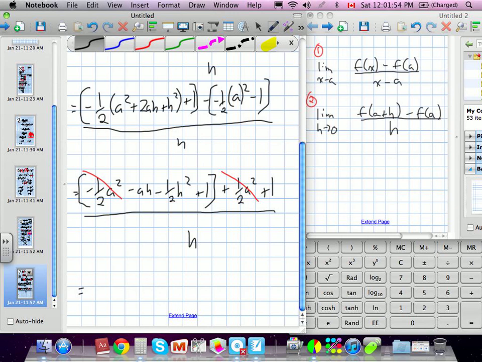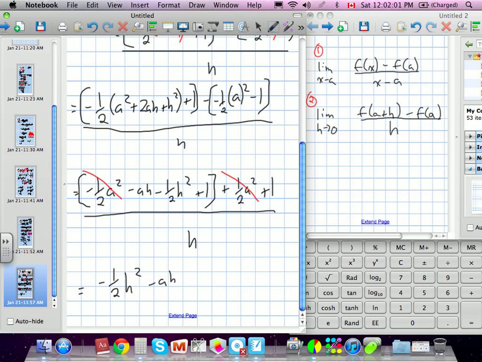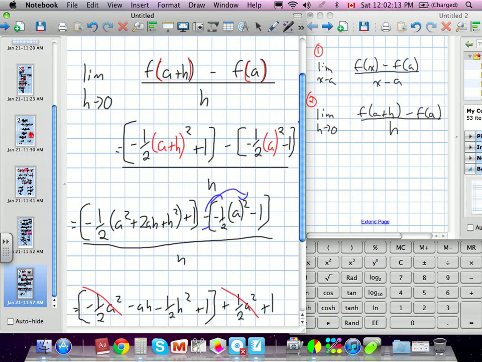We'll rearrange this so we get negative 1 half h squared minus ah minus, why does it become positive 1 at the right? Because we applied this negative to both. Just want to make sure I put the right number in here because I think those ones should have gone away. Is it plus 1 in the equation?